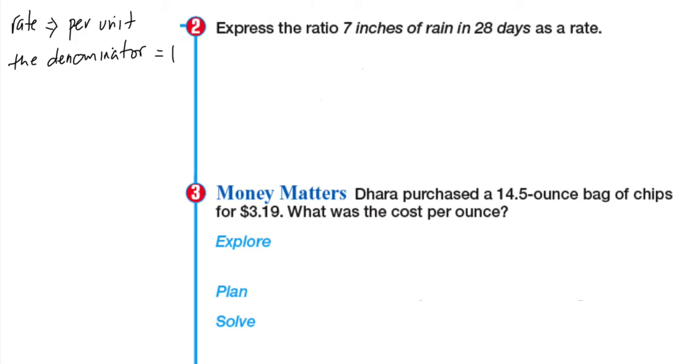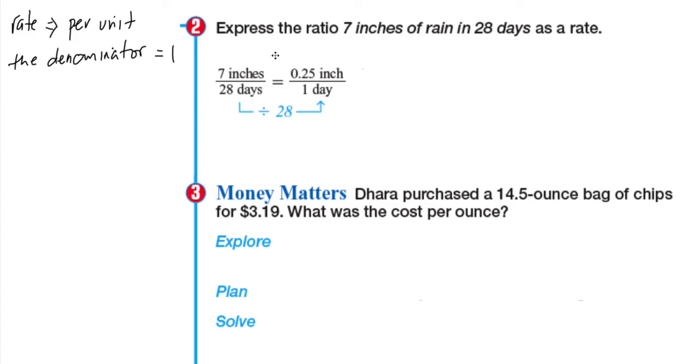Let's take a look at example number 2. Express the ratio 7 inches of rain in 28 days as a rate. So we want to express this in per unit form. That means the denominator should be equal to 1. So in this case, we have 7 inches over 28 days, and we want to make our denominator 1. That means we divide by 28. To make 28 into 1, we divide the denominator by 28.